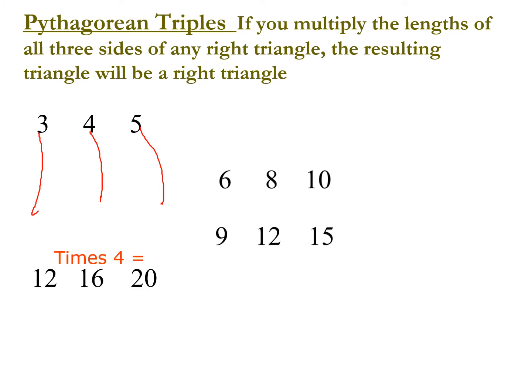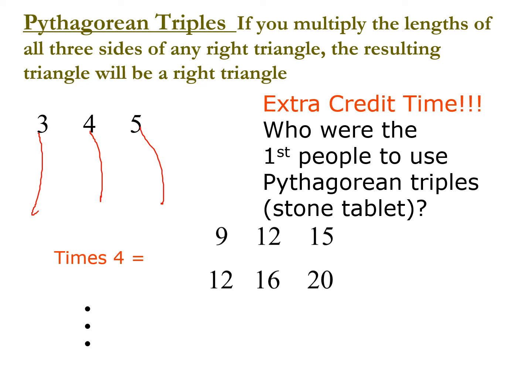You can keep going, times 4, times 5, and keep on going with all these others. There's other bases, like 5, 12, and 13. You can start there and double those and get them. So there's other combinations that could be used.